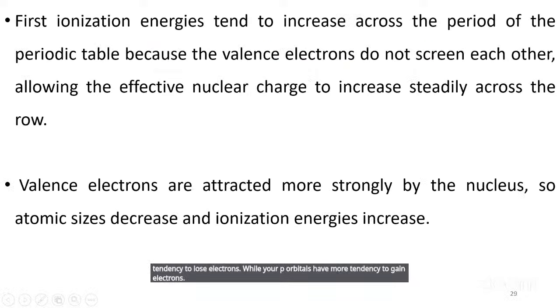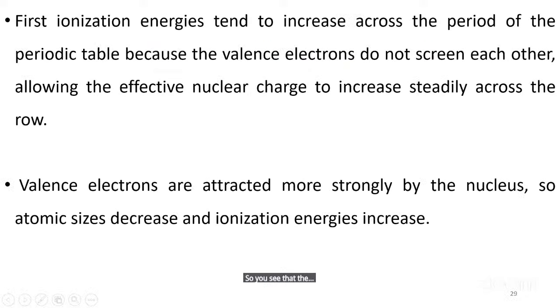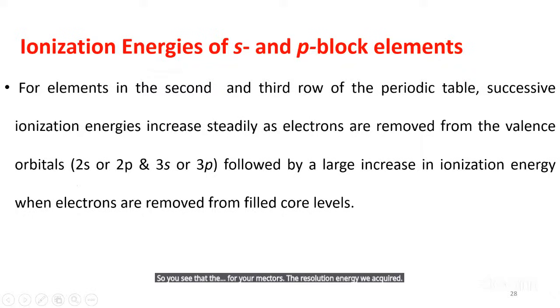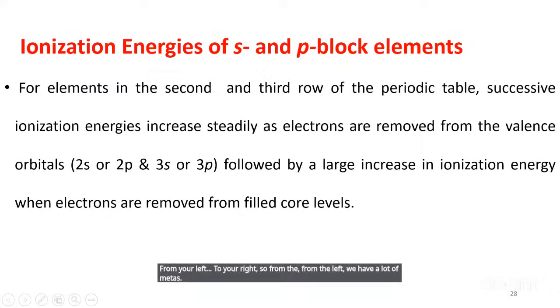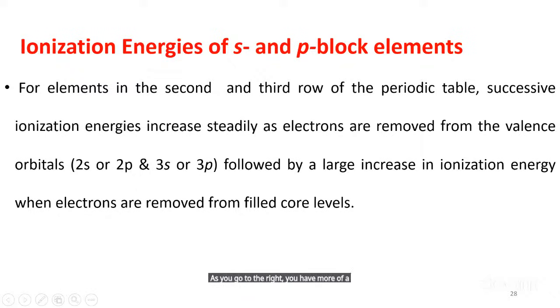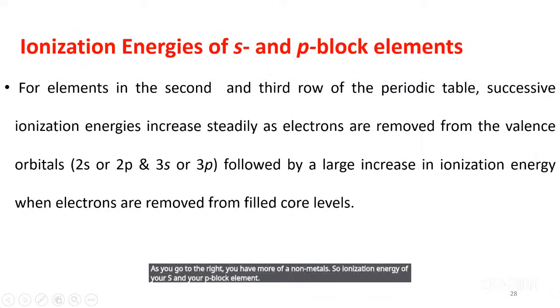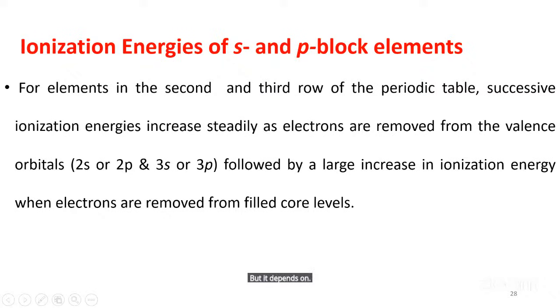So for the metals, the ionization energy will be lower than for the p orbitals. It's like going from left to right: from the left, we have more metals, and as you go to the right, you have more non-metals. So the ionization energy of s- and p-block elements will depend on the type of element.